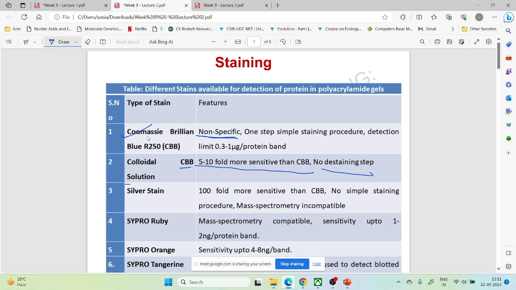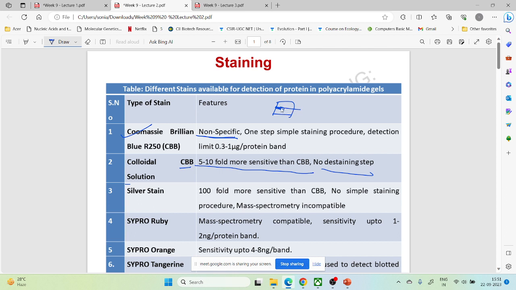So why is de-staining important? Because when you are putting your stain, everything is blue. Now the interaction of the dye with the protein is greater than the interaction with other saccharides or something. So when you are de-staining it, only the places where proteins are present will retain the stain, and all other places would be washed off.